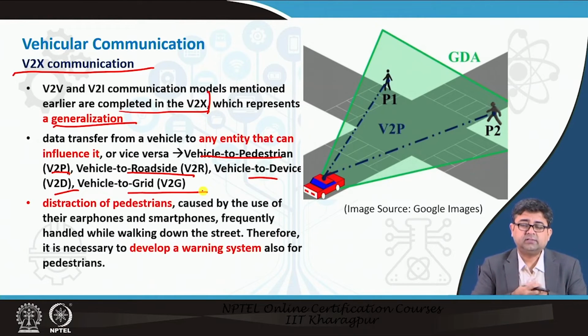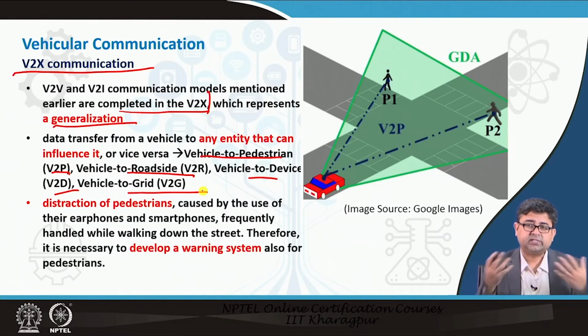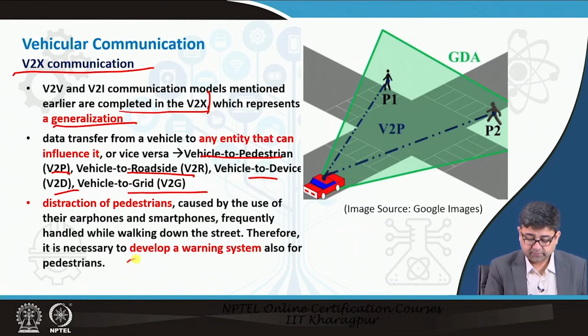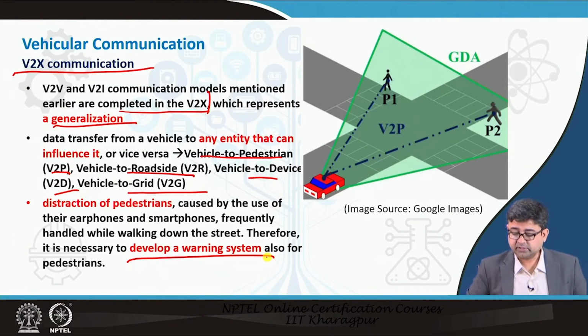This is especially useful because at an unsignalized intersection nowadays we usually have our headphones on and are not looking at the traffic, and in such situations these things might be helpful, right. But these are still in a very testing phase, and if it becomes operational or viable, it can help the various safety aspects of the transportation network as a whole. At various locations in our network, we would need to develop such warning systems for pedestrians.